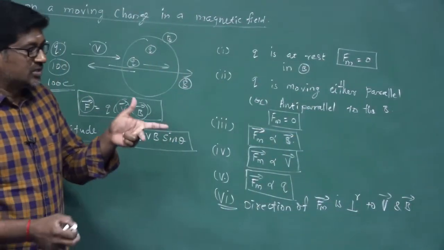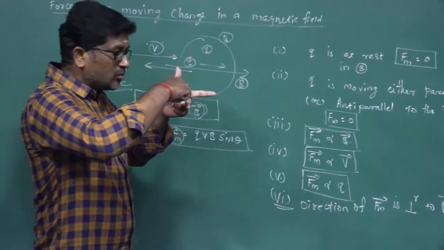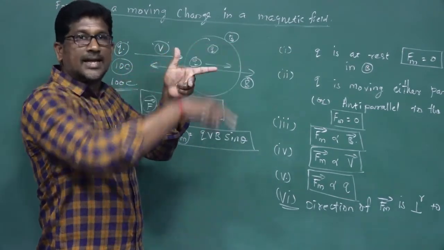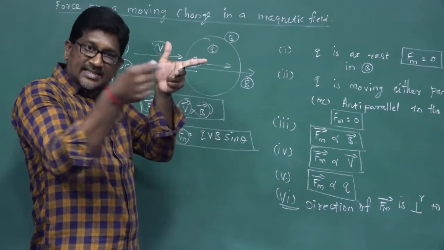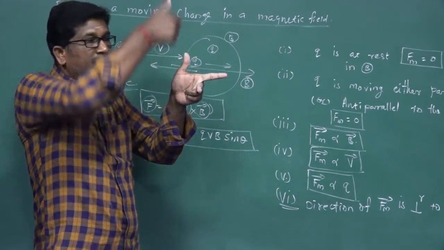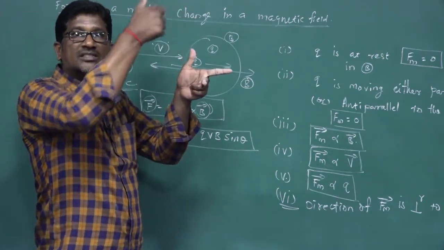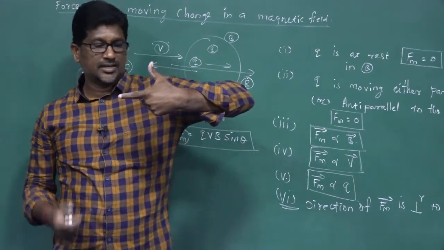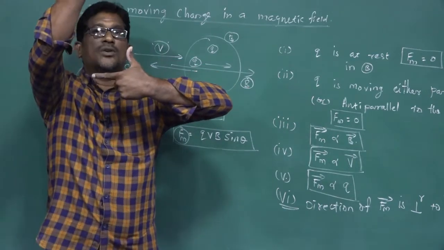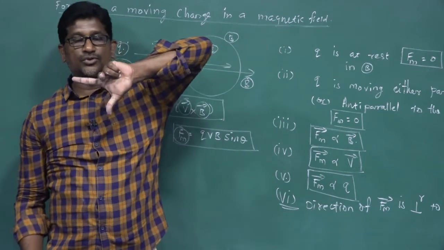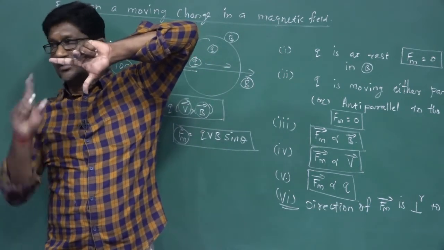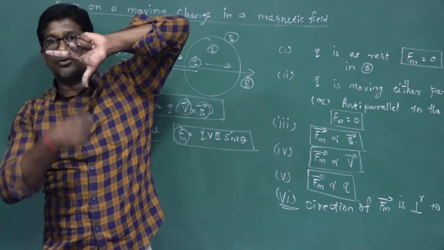Suppose a charged particle is moving with a velocity in this direction, and the magnetic field is acting in this direction. The direction of the magnetic force experienced by the charged particle becomes this direction. Suppose the particle is moving in this direction and the magnetic field is acting here; the direction of the magnetic force is downward.